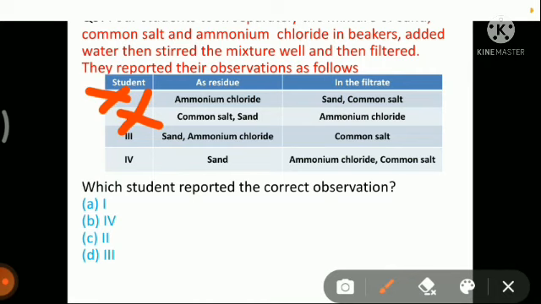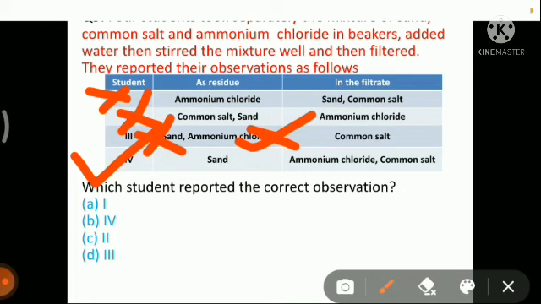Anything that dissolves completely in water will be present in the filtrate, so it will move along with the water as a solution. It will never be present in the residue. So the third option is also wrong, because ammonium chloride is soluble in water, so it cannot be present in the residue. So the correct answer is only student 4. The fourth student has done this experiment correctly.